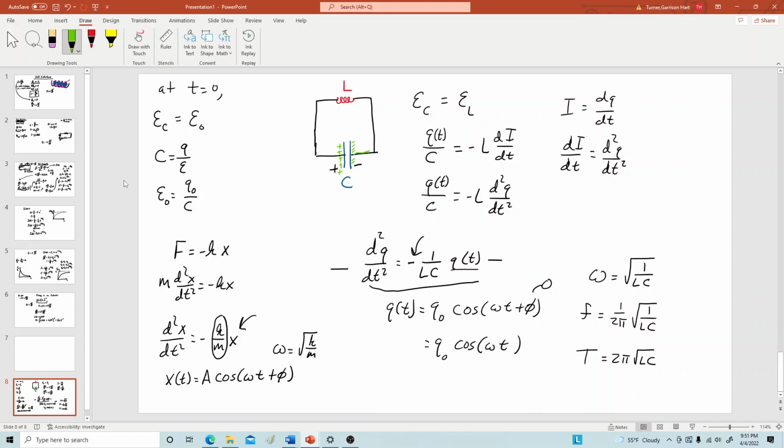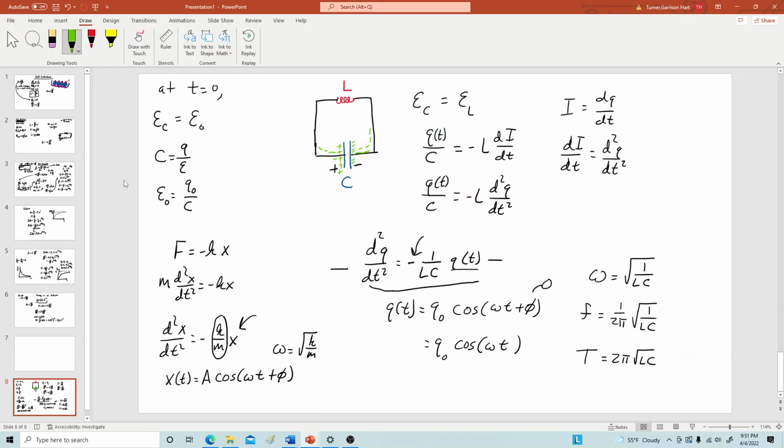The establishment of the potential means that the electrons that are free everywhere in the wire are going to move, and the electrons that are closest to the positive plates are then going to be pushed onto the plates, and the negative charges here are going to be pushed off. So these negative charges are going to move here. The negative charges here are going to be pushed onto the plates.